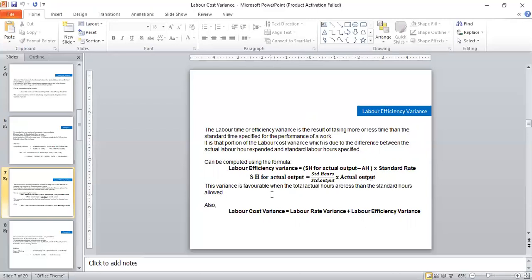This variance is favorable when total actual hours are less than the standard hours, otherwise vice versa. Now we are able to calculate once again the labor cost variance, that is equal to labor rate variance plus labor efficiency variance.